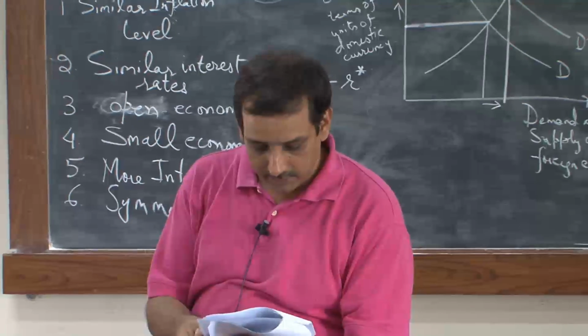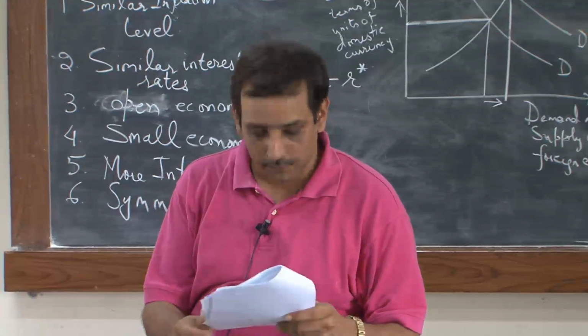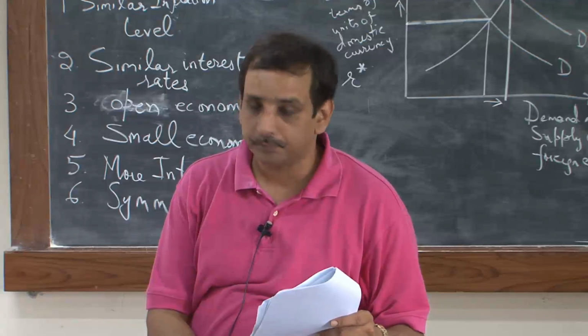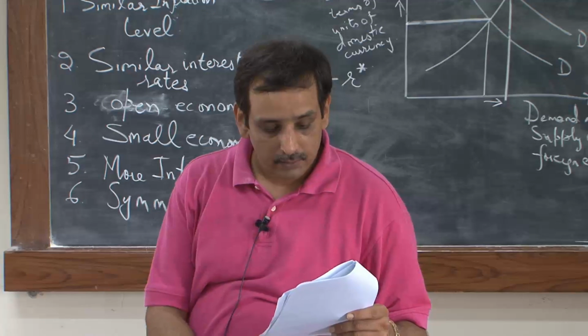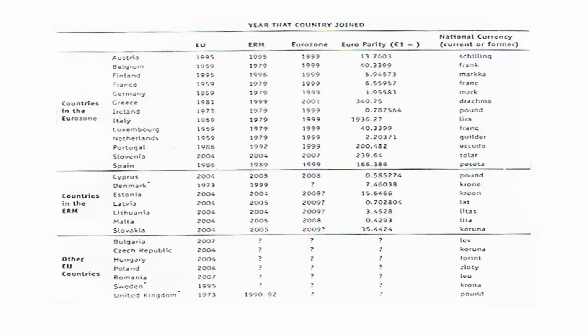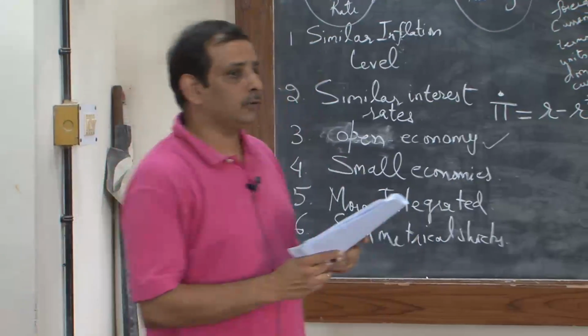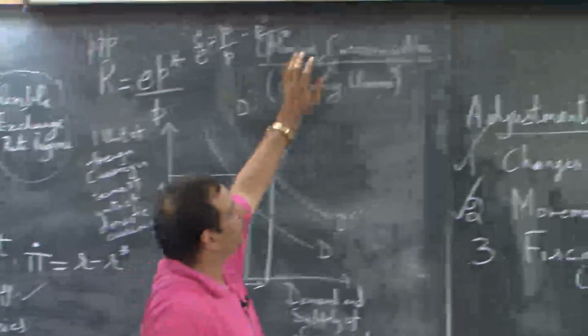And see the position of the United Kingdom and Sweden. They are not even part of the ERM, the exchange rate mechanism. That is, they don't want to be part of the OCA.